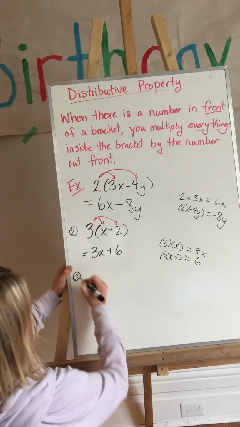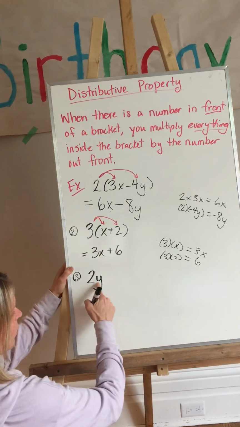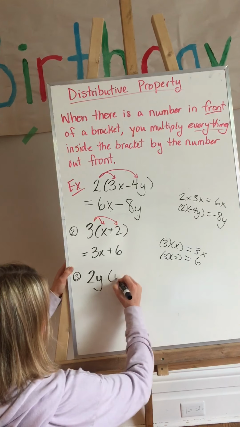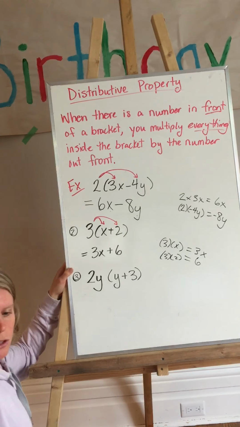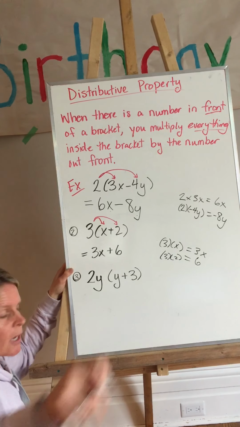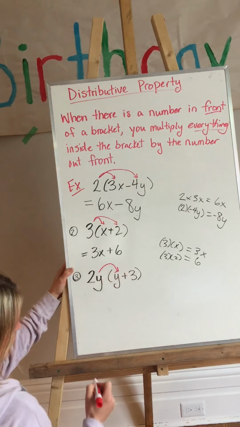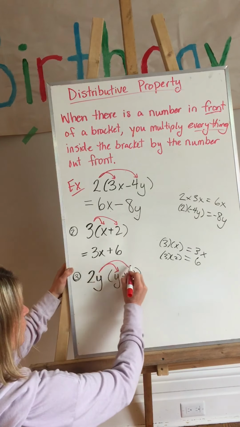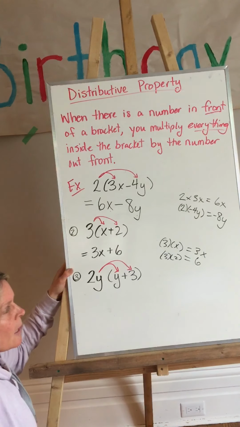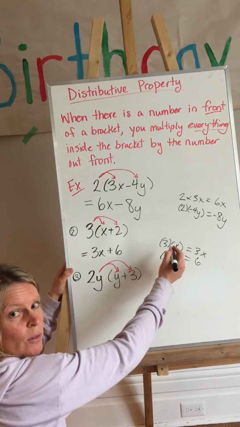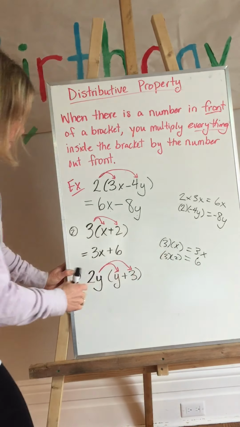Okay, example number 3. What if out front of the brackets there's also a variable? Okay, so give it a shot and then check your answer. So my arrows, I'm going to multiply the 2y by y, and I'm going to multiply the 2y by 3. When you write it over here, it's basically exactly like what we were doing last lesson, where we're multiplying monomials, okay?